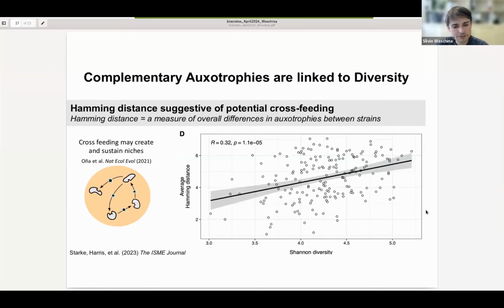We wanted to see if that also associates with the diversity of the microbiomes. Again, on the x-axis we have the Shannon index, and on the y-axis the average Hamming distance, basically the measure of potential cross-feeding. Here the correlation was even stronger, meaning that with higher diversity there seems to be a higher metabolic complementarity between the coexisting genotypes in the environments.